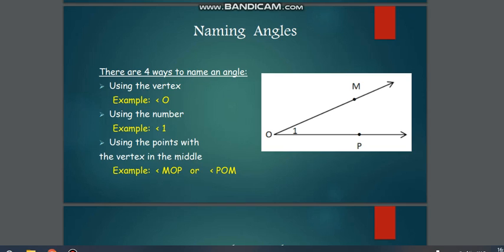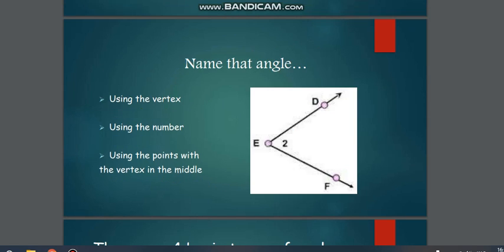Here you can see the angle O, or maybe the angle number 1, or, I think for me the better way, is the angle MOP, or POM, from the start to the end, or from the end to the start. So you can clearly understand what angle we're talking about. Guys, please, name this angle by yourselves, using the vertex, using the number, or the points with the vertex in the middle.